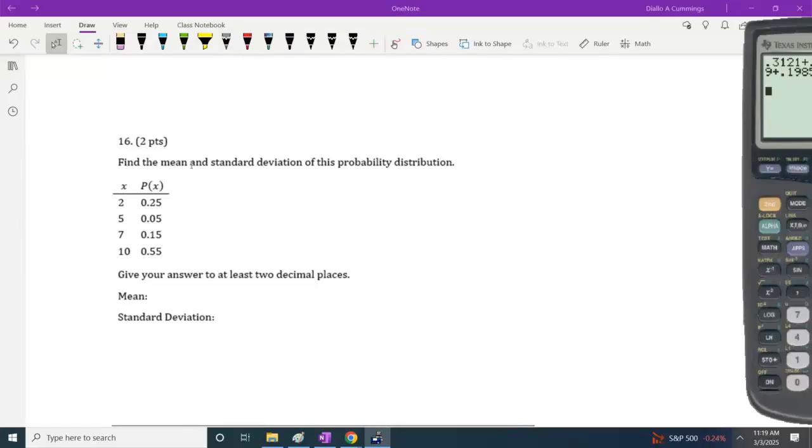In order to find the mean and the standard deviation, we're going to find it in much the same way as we found the mean and standard deviation for a frequency distribution.